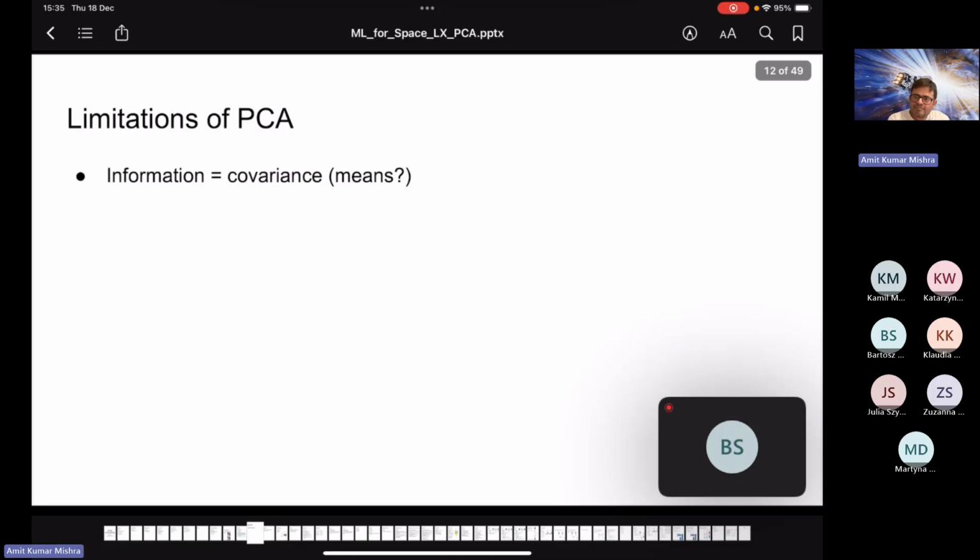That's well and good, but that's not always true. A couple of cases. Number one, the covariance matrix is good enough to capture the statistical properties if the data's distribution is Gaussian. If the distribution is not Gaussian, then the covariance matrix is not good enough.